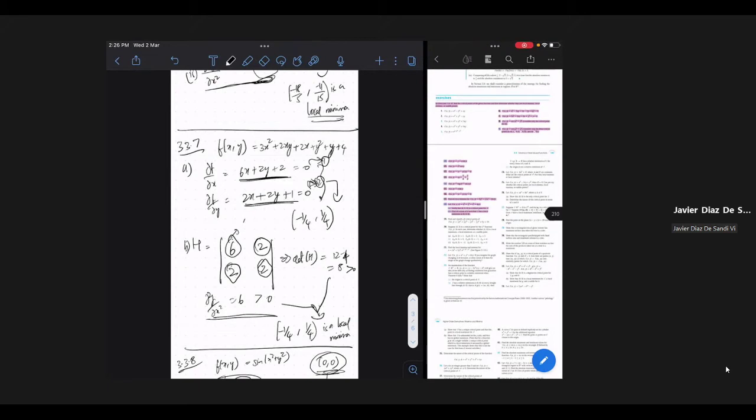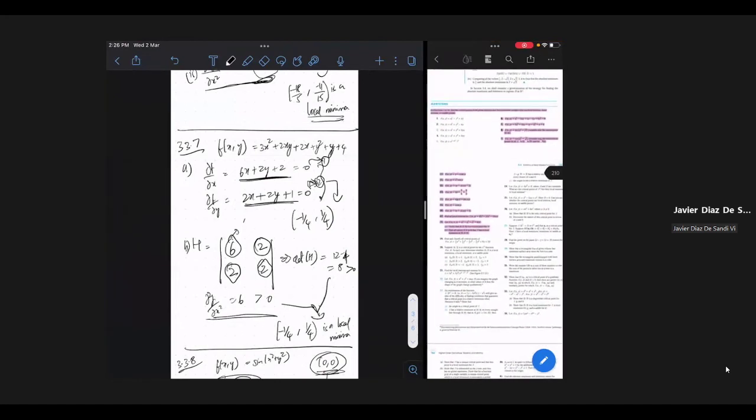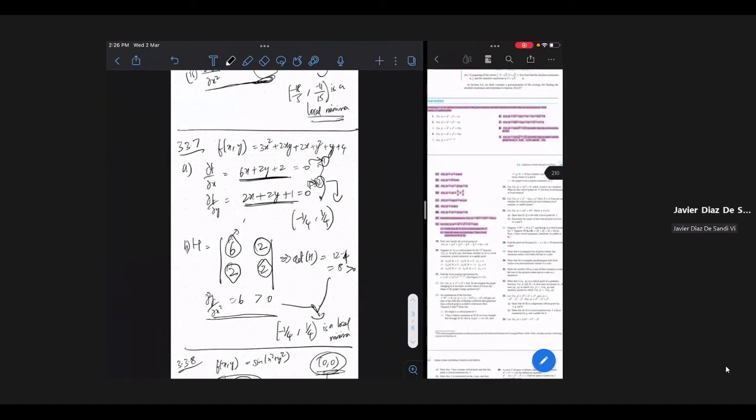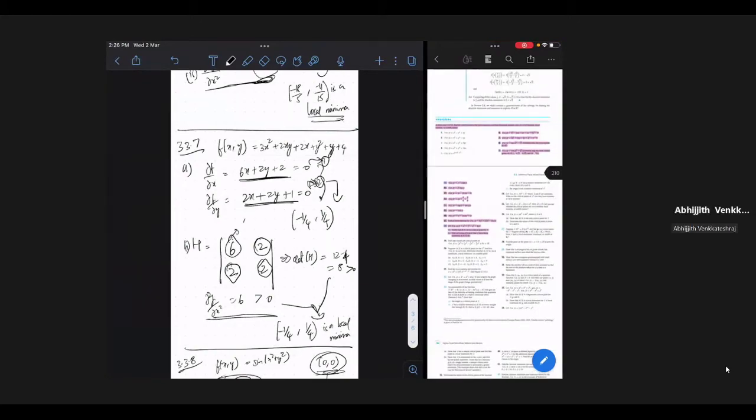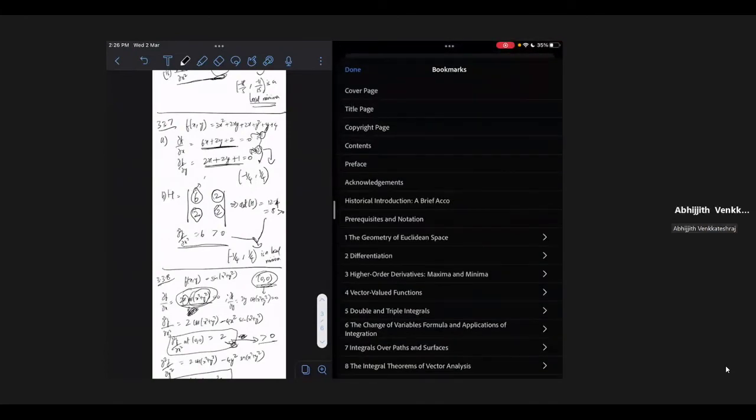Perfect. Okay. I had a question on the unit that we did before, 2.6, on 2B. Let me just navigate there.